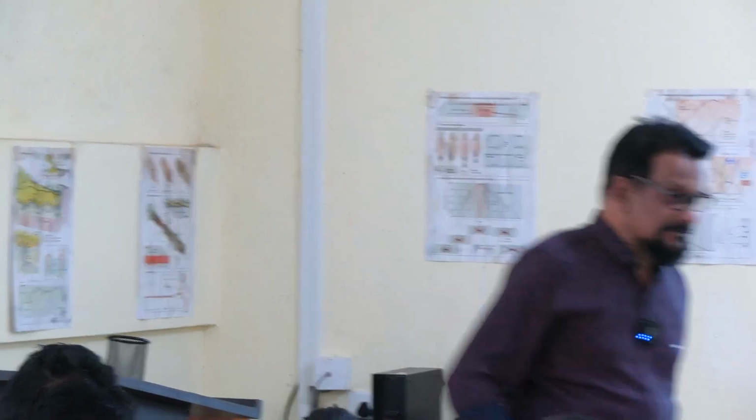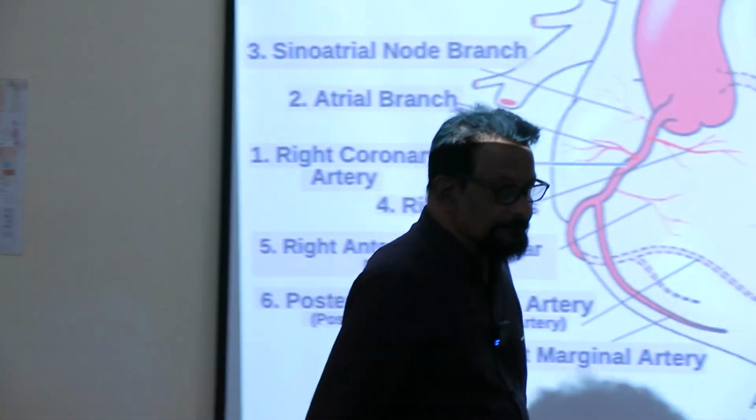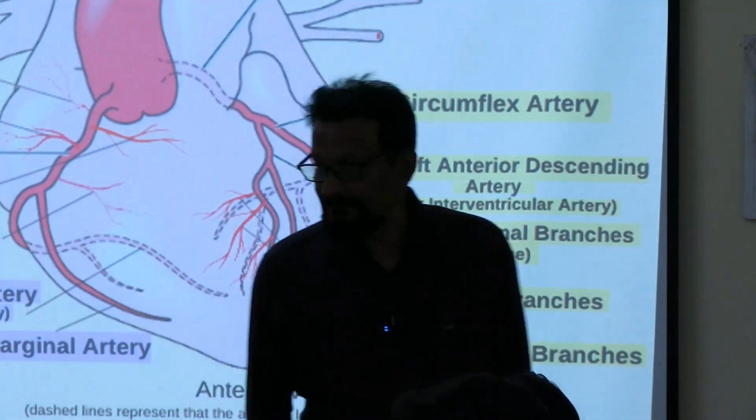So lipids may become deposited along the wall of the blood vessel and they may develop atherosclerosis. It may narrow down the lumen of the blood vessels. As a result, flow through the vessel will be less. When flow through this vessel becomes less, we feel pain.